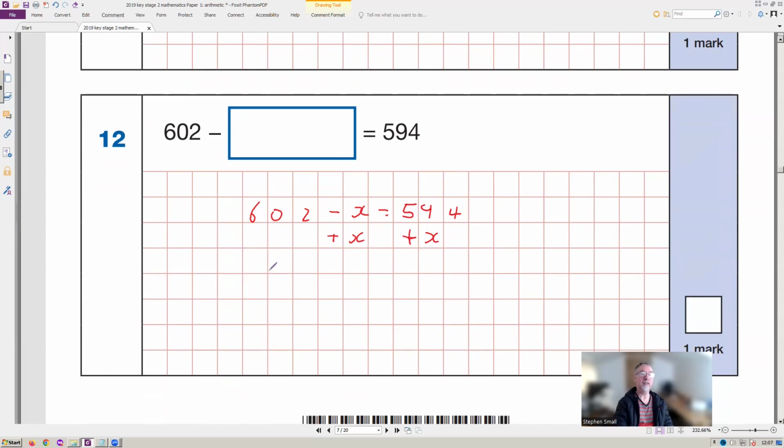So now I've got 602 equals 594 plus x. I can see it's an easy answer, but never mind. Now I take the 594 the other way. So 602 minus 594 from both sides will leave me with my x. Okay, 594.